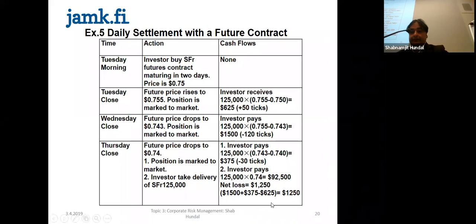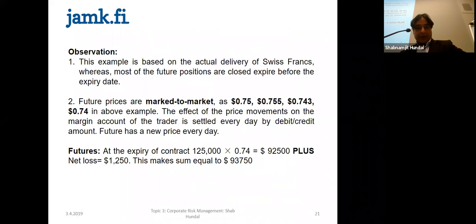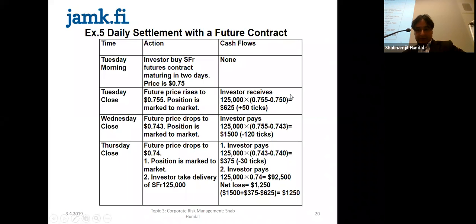So altogether, there's a cash outflow of 92,500 plus 1,250. So you not only pay for the loss, but you also buy futures. So this is 93,750 American dollars, yeah? Okay.